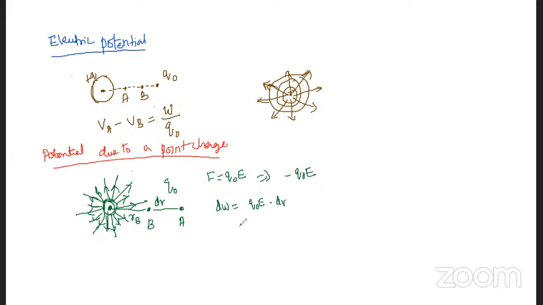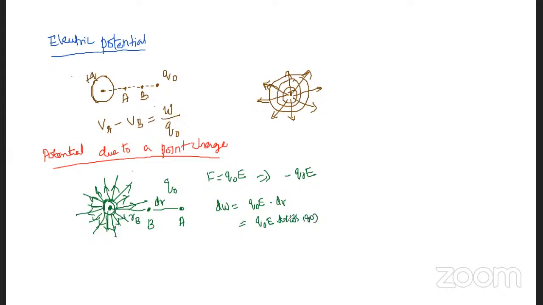So it will be equal to q naught E dot dr, which we can write as q naught E dr cos theta, where dr is along the same radial direction. The angle here is 180 degrees. Why am I writing 180 degrees?